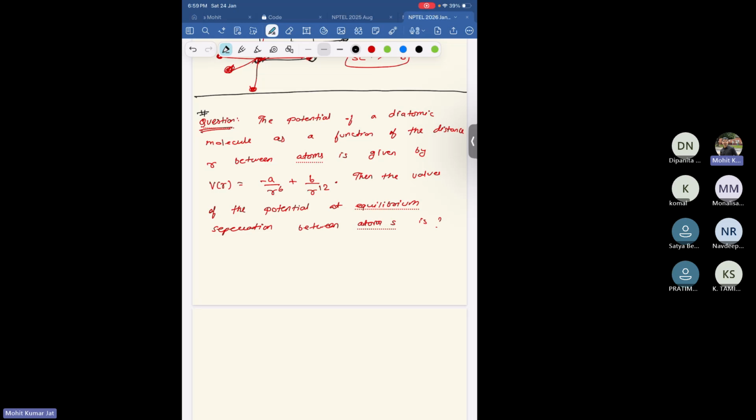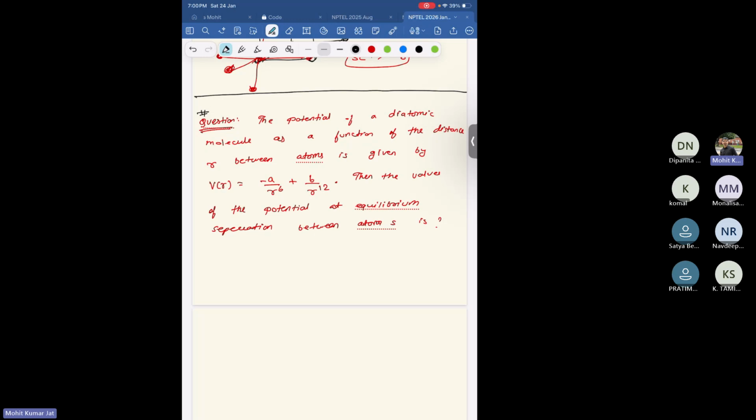When the atoms come too close, the electron clouds repel each other. That's why the repulsion term is there in this potential. And if they go too far, then the electron clouds form opposite polarity kind of thing, and then they attract each other. Those are the van der Waals attraction. And in that sense, this Lennard-Jones potential form is there.